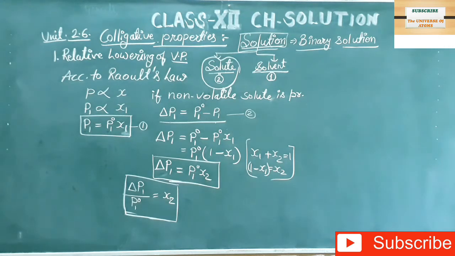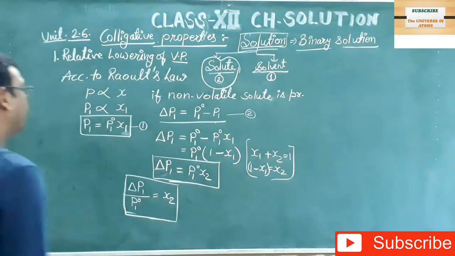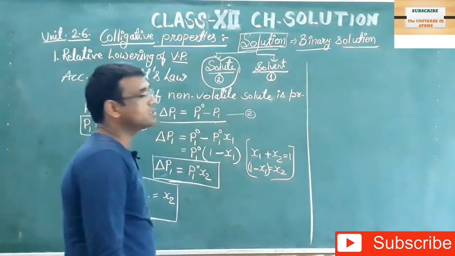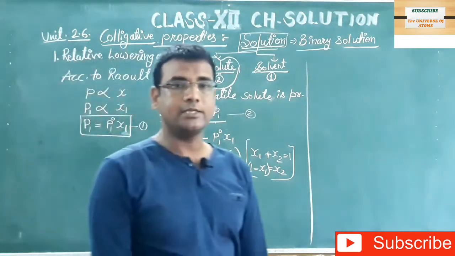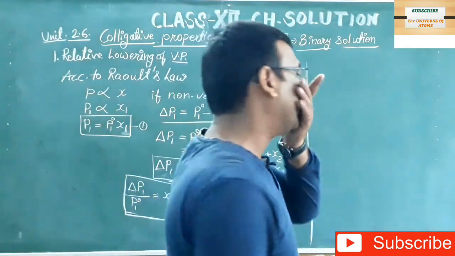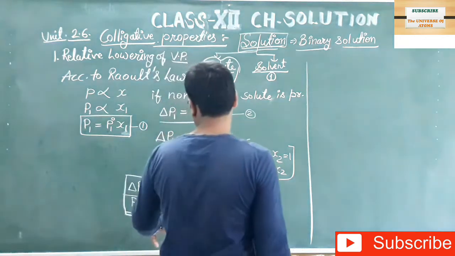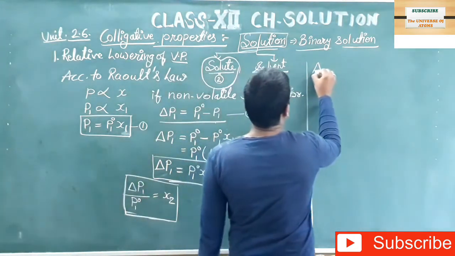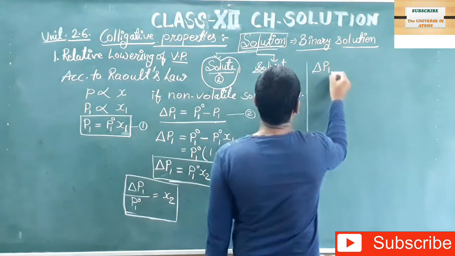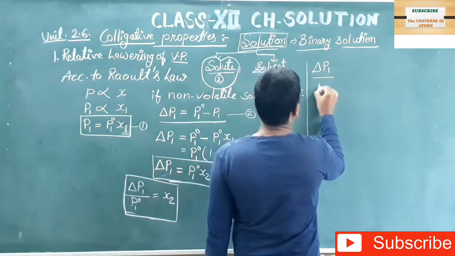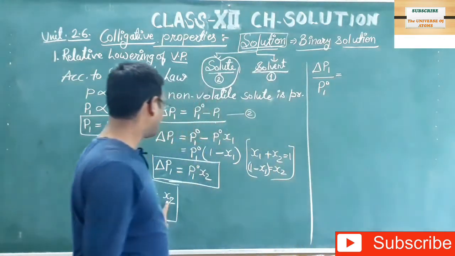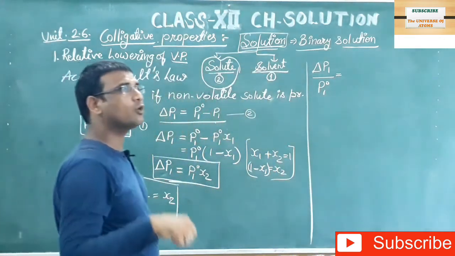Since we know that mole fraction is unitless, we can change this expression in this way also. Delta P1 upon P1 naught is equal to x2. Now x2 means the mole fraction of the second component.